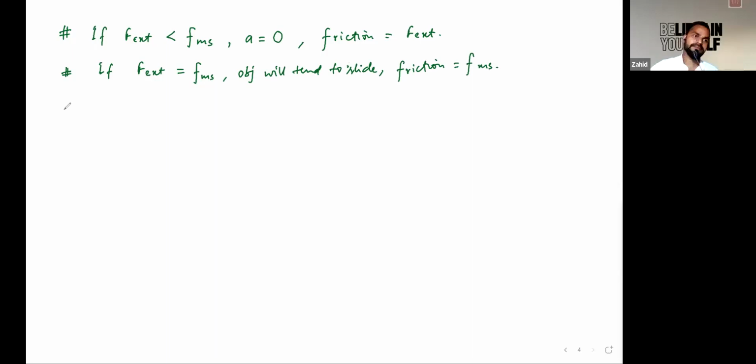And in third part, if external is greater than maximum static, so there would be some acceleration in which frictional force would be equals to maximum static or kinetic friction, depending upon value given in the questions. Is it clear till this part?